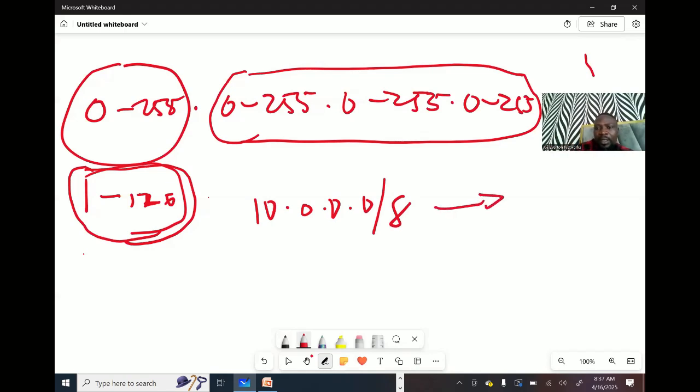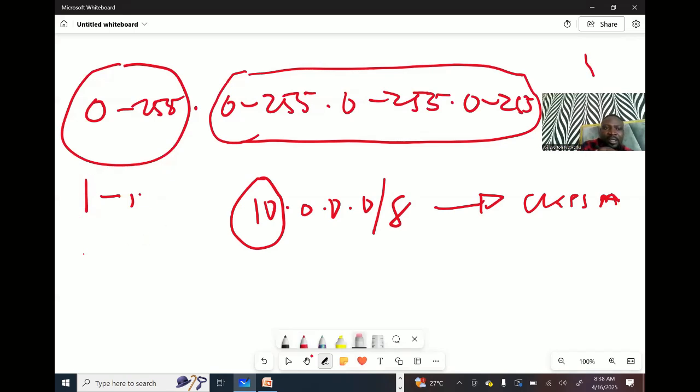This is a typical class A IP address, because this number 10 falls within the range of 1 to 126. That makes it a class A.